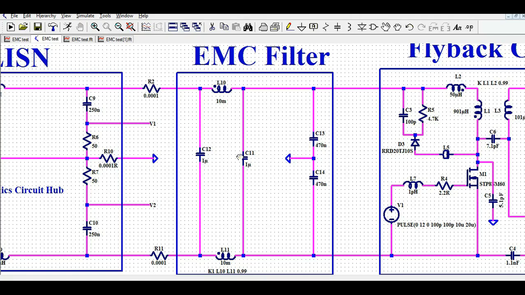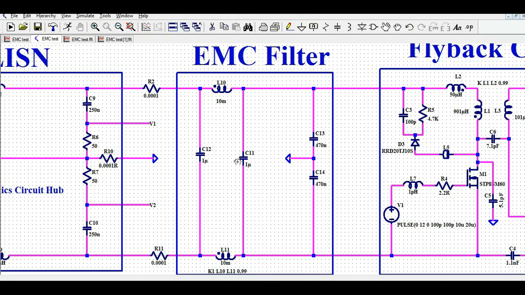Then I'm using the Y caps, C13 and C14, which are connected to the earth. So C13 and C14 go to the earth terminal, and these are the Y capacitors. C11 and C12 are the X capacitors.